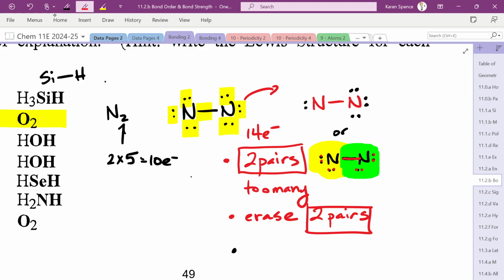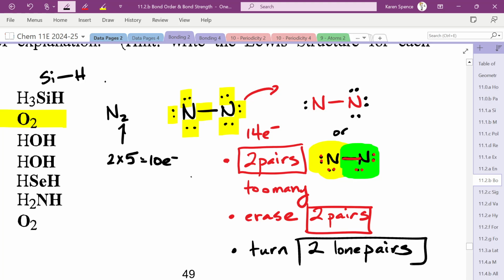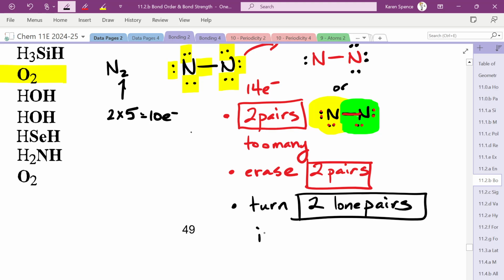And that's where the next step comes in. You remember, we've got our 2 pairs. We need to turn, guess how many pairs? 2 lone pairs into 2 bonding pairs.